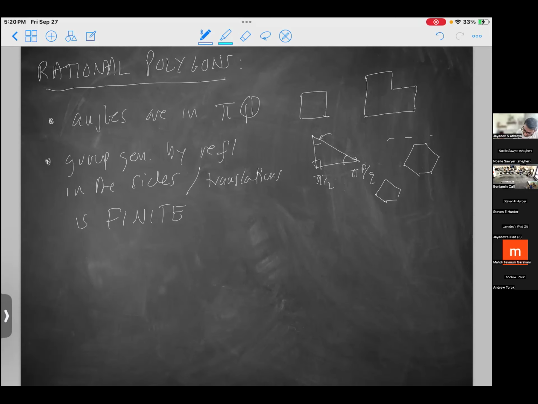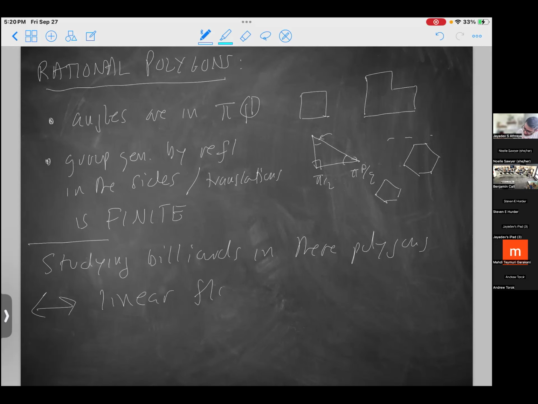All right. So why are these polygons great? Studying billiards in these polygons connects to a really rich field called the study of linear flows on something called translation surfaces.